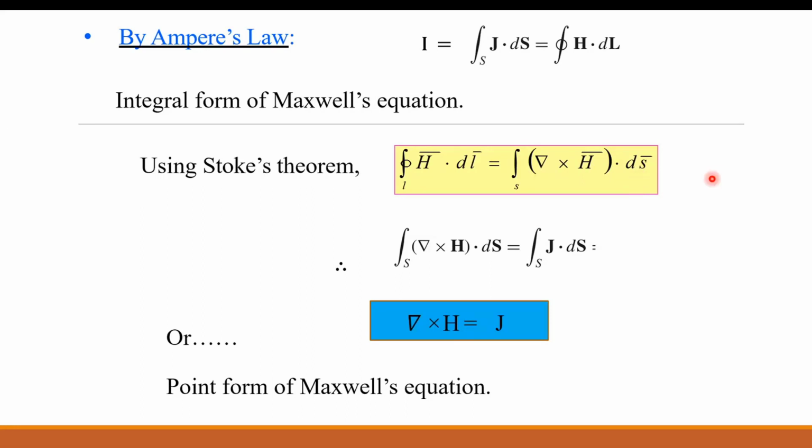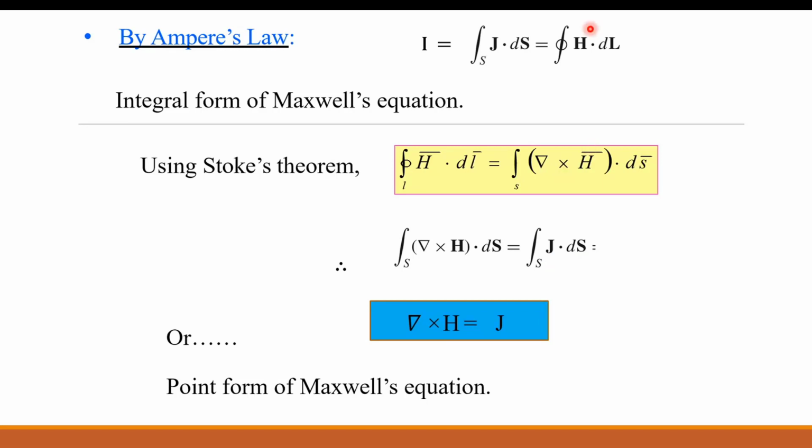We can conclude that now there is a surface integration in first equation, there is surface integration in second equation, so we can equate these quantities because their right hand side and here left hand side are same, H dl are same. So we can say that surface integration of del cross H dot ds bar is equal to surface integration of J bar dot ds bar.